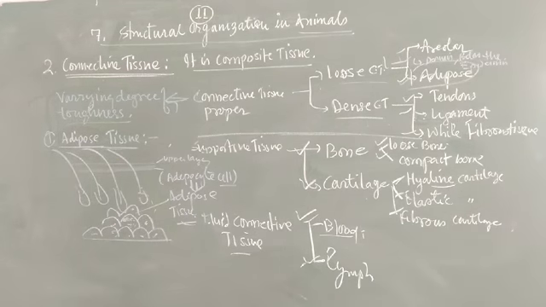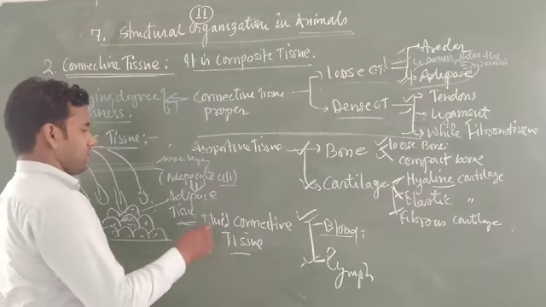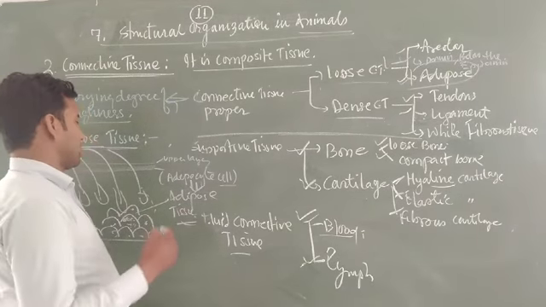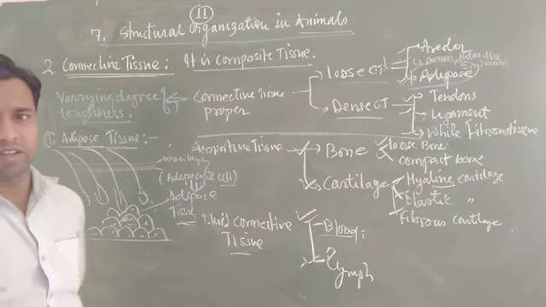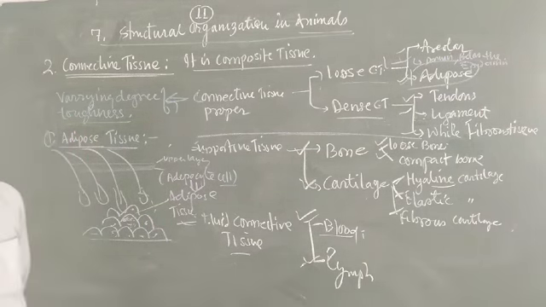Adipose tissue is found beneath the skin in the dermis region, in the mesenchyme region, and around the kidney, heart and eyeball. What is its function?